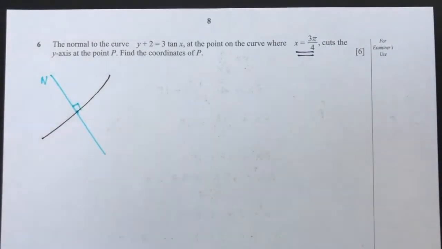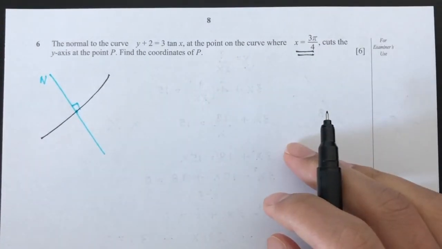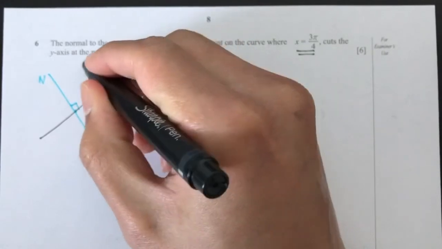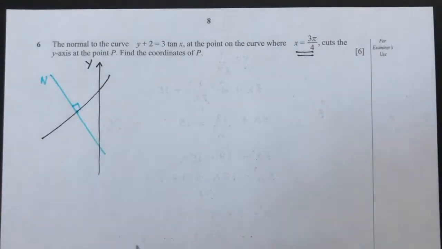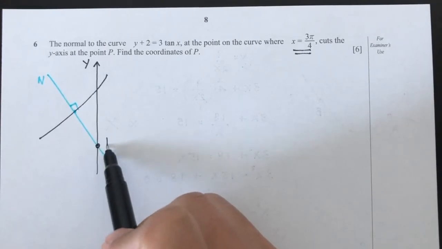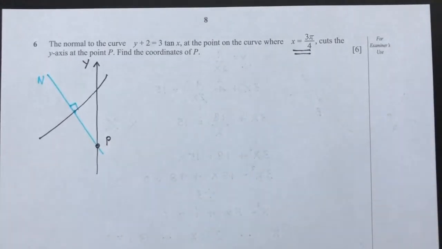And this line here will cut your y-axis at the point P. Let's say this is my y-axis. The y-axis has to be a vertical line, right? So it cuts my y-axis at my point P. So we have to find the point P. That is my question. So first, how can you find the point P? You can see that the point P is found by the intersection of the line N and the y-axis.